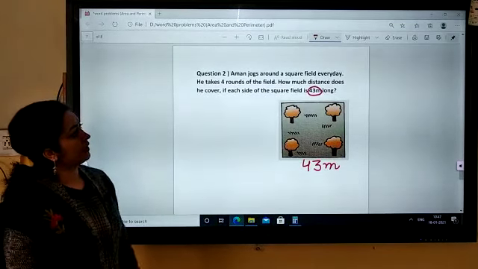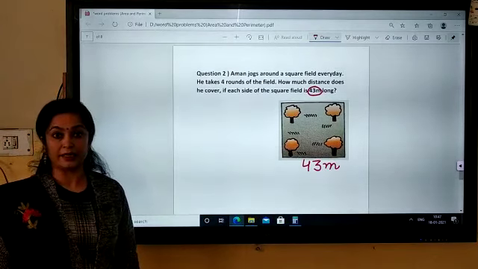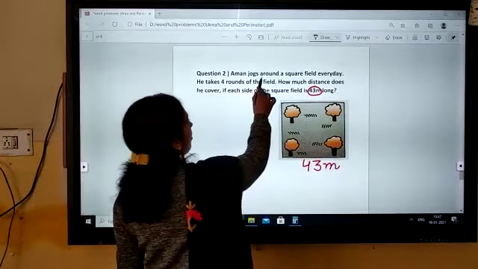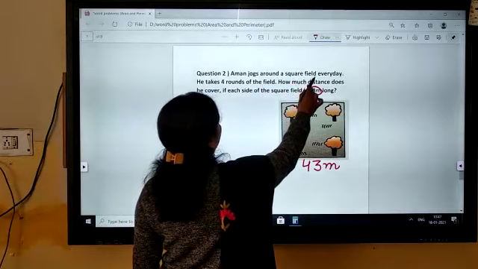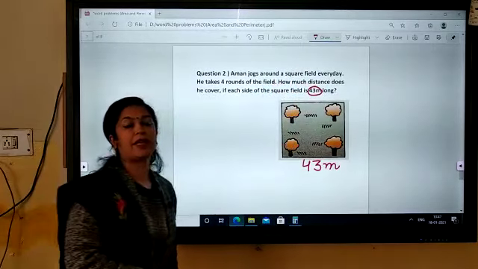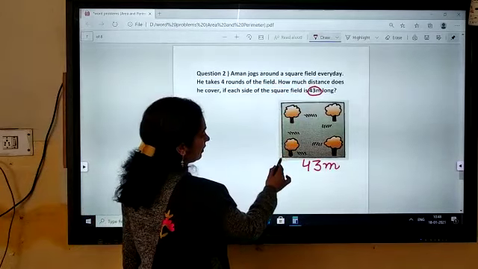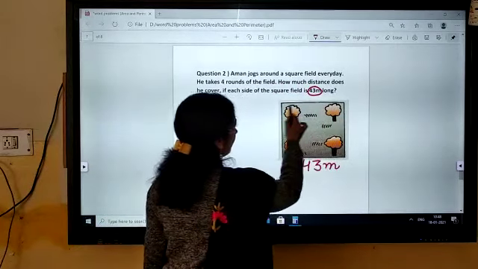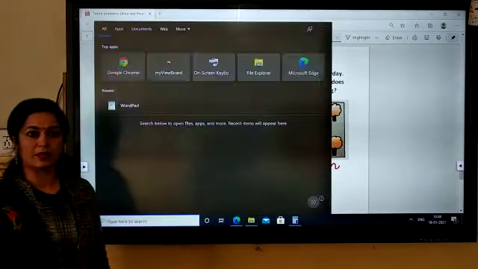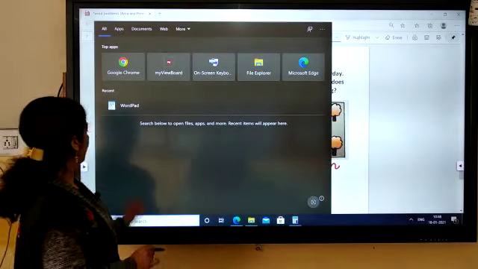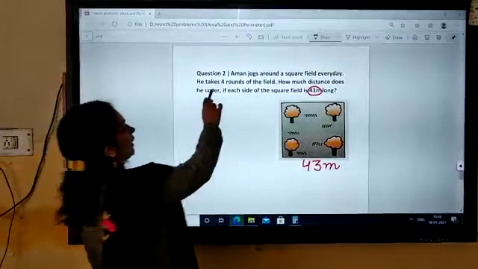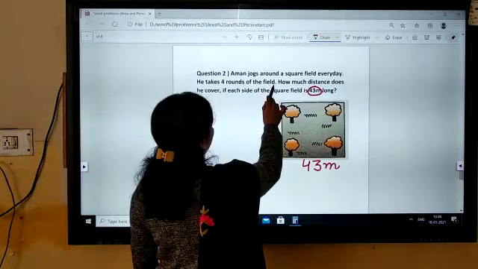Now we will try to find out the hint. Aman jogs around a square field every day. He is jogging, means he is running like this, means around the square park. Second thing, he takes 4 rounds of the field.